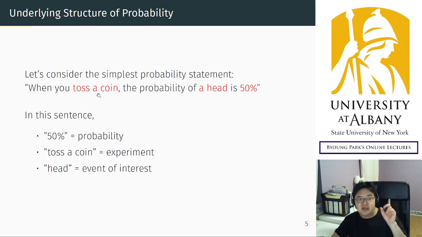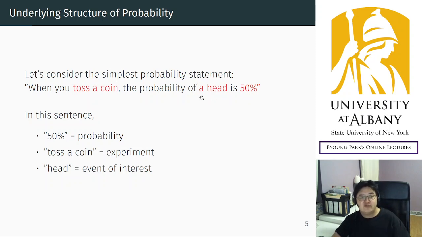So the first element is the experiment. This probability is generated from this experiment, tossing a coin. So coin toss is how the probability is generated. You have to define that experiment. And also, when you toss a coin, the probability of something is 50%.